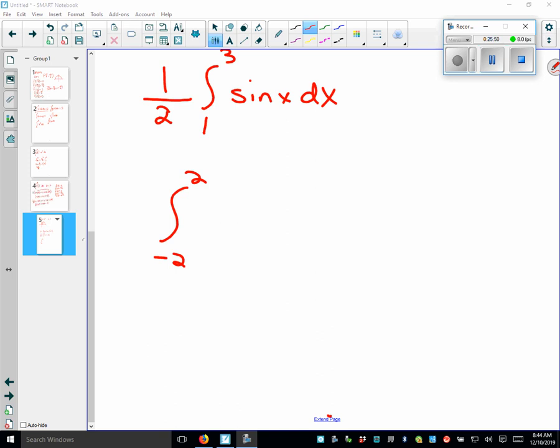Okay, use the graph of the integrand and areas to evaluate the integral. All right? The graph to evaluate. So graph this function.